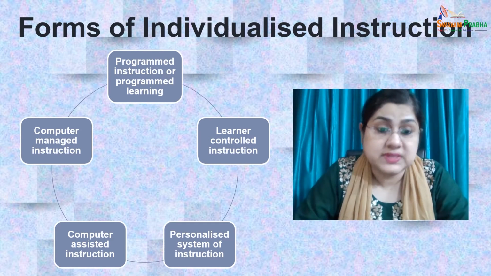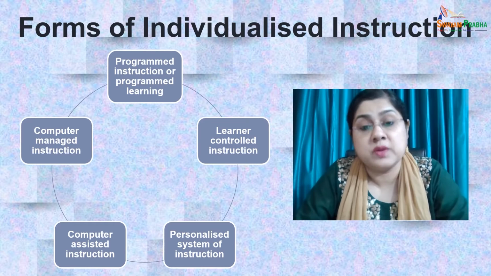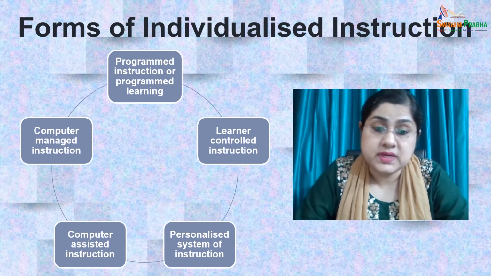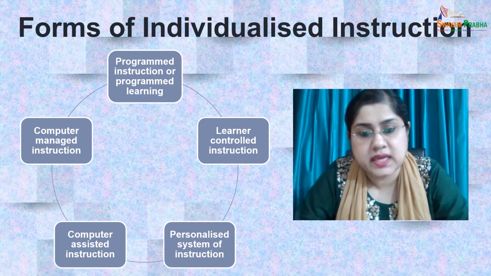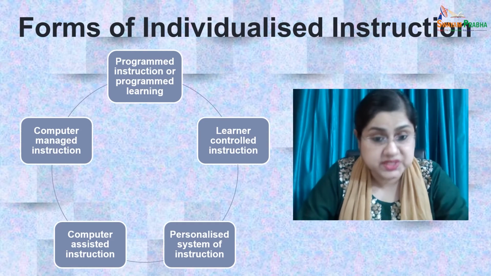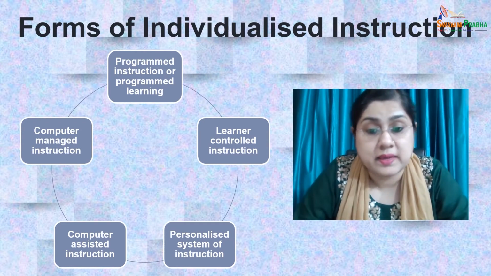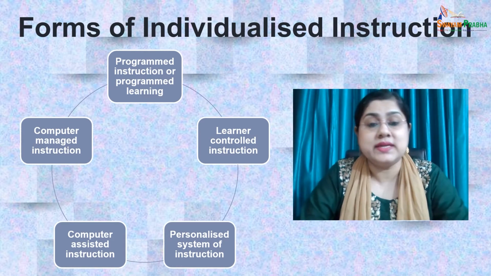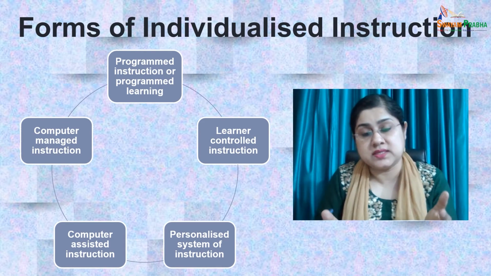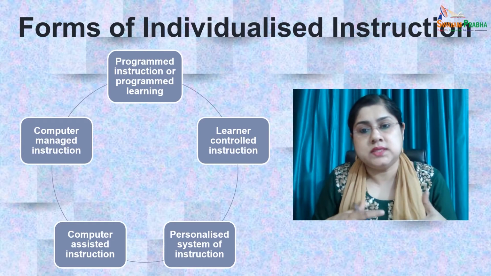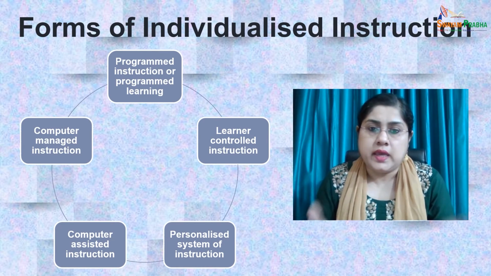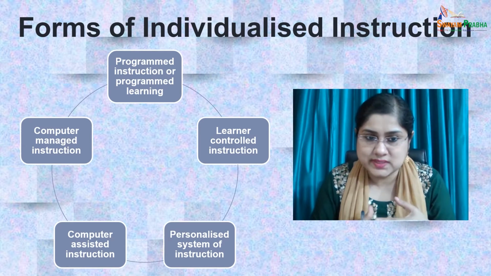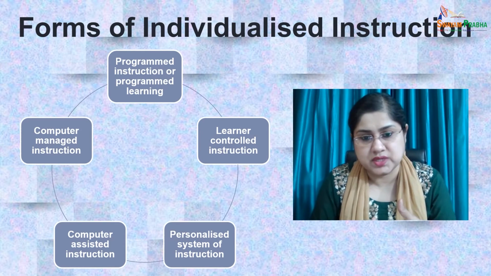Personalized system of instruction or PSI, computer assisted instruction, which is also acronymed as CAI, and computer managed instruction or CMI. And we have already seen a lot of things in terms of these individualization of learning. In this lecture, we will be focusing on the learner controlled instruction.